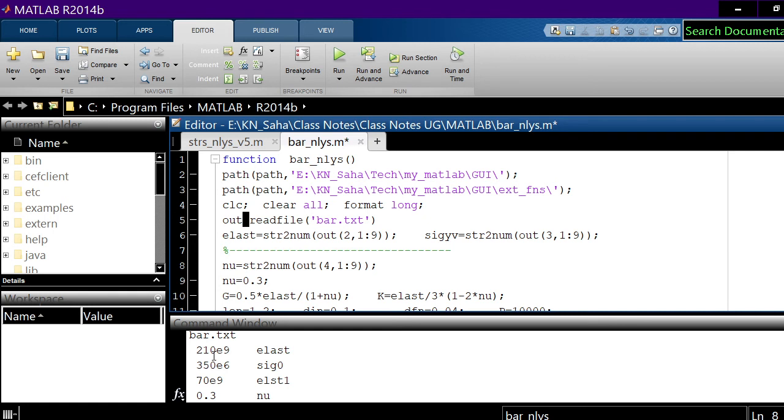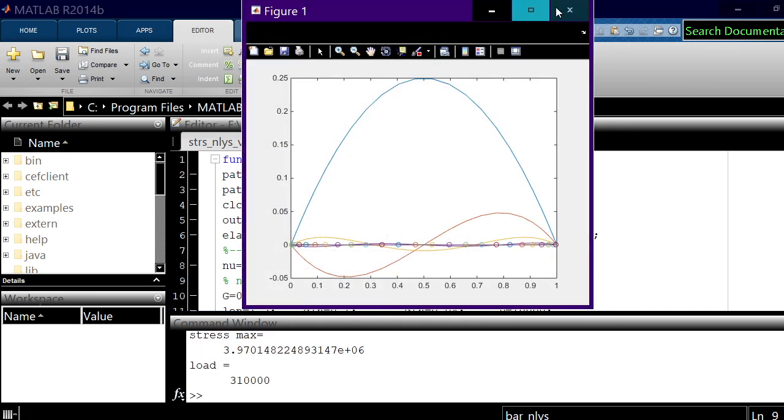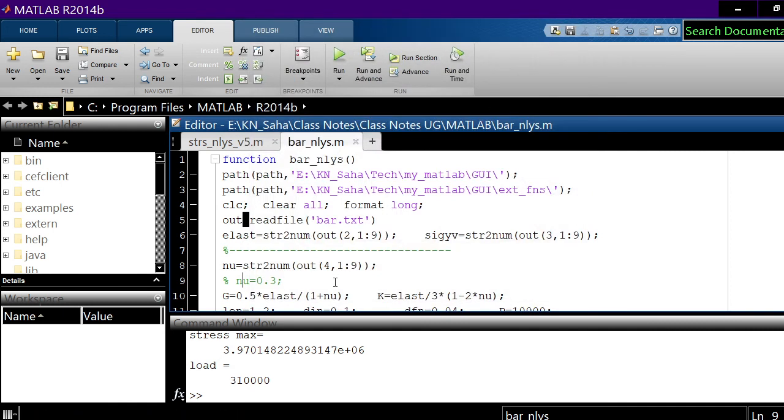This is first line, second line, third line, fourth line. Oh, the first one is the line number, okay. It will get 0.3 as well. Let us make it comment, and if we run this, the same thing will happen. So anyway, you understand what it is.